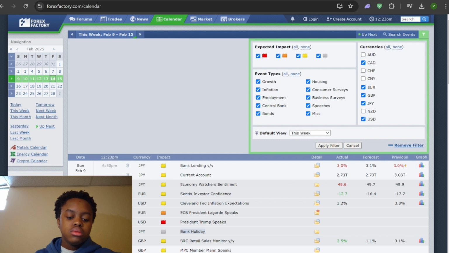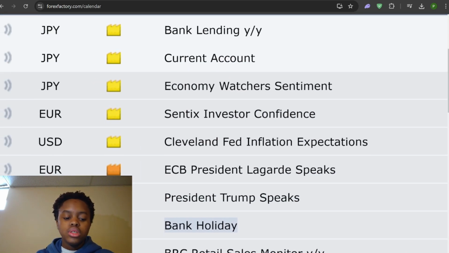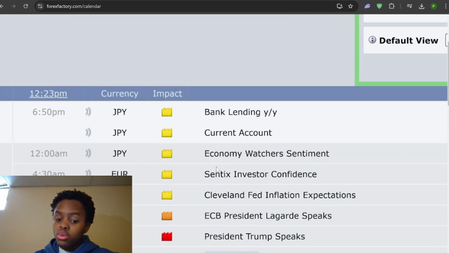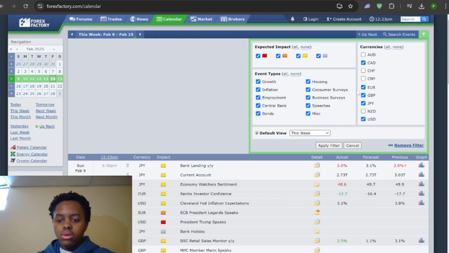Bank holiday. So the gray folder is basically to show that there's a bank holiday for that. Yellow folder was what? Low impact news. Orange folder is what? Medium impact news. And red folder is what? High impact news.